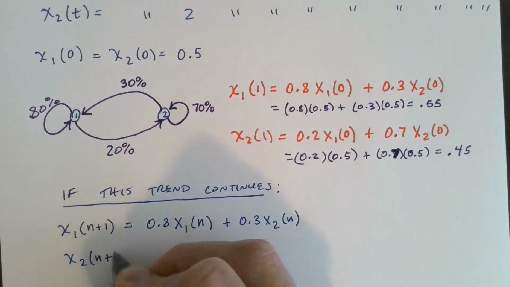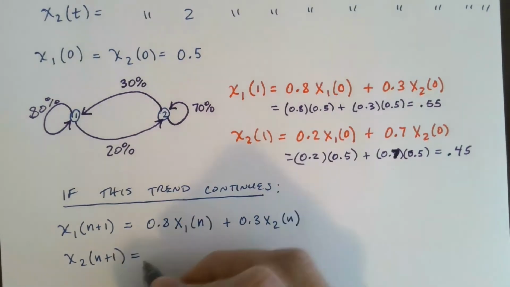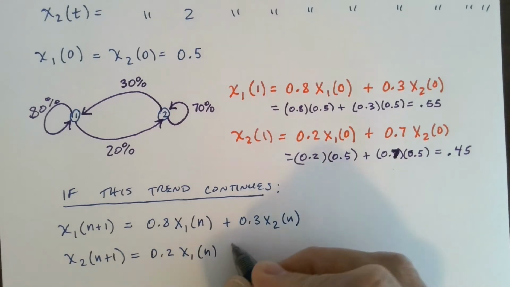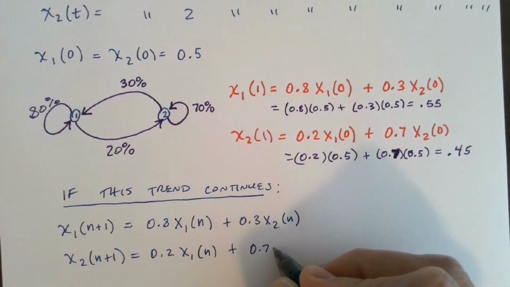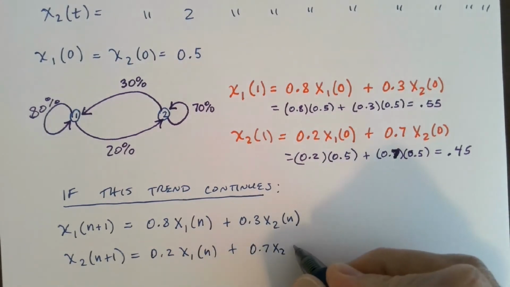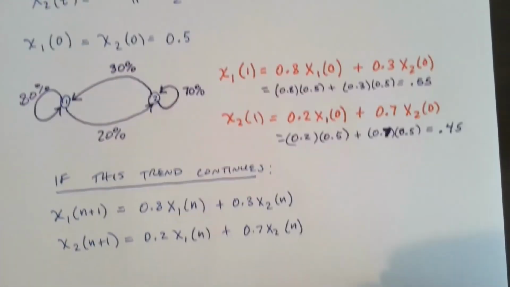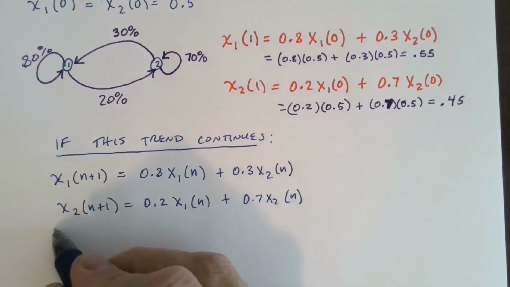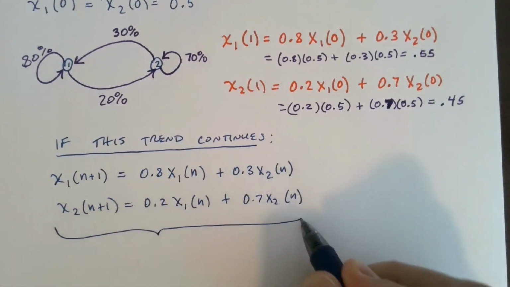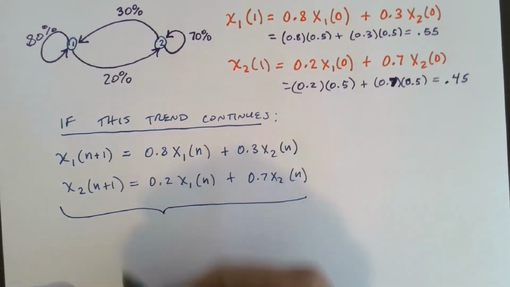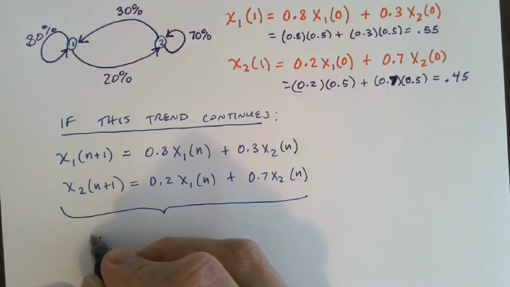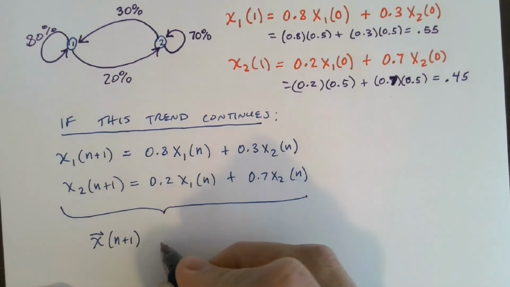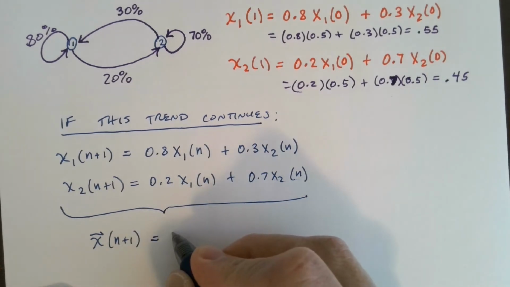X2, the next year, will be what? 20% of channel 1 from the previous year plus 70% channel 2 from the previous year. Now, what do we have here? You might think we have a system of linear equations. And I'm going to write this in matrix form. I'm going to call the vector x at n plus 1, this is just the time again, equal to some coefficient matrix.